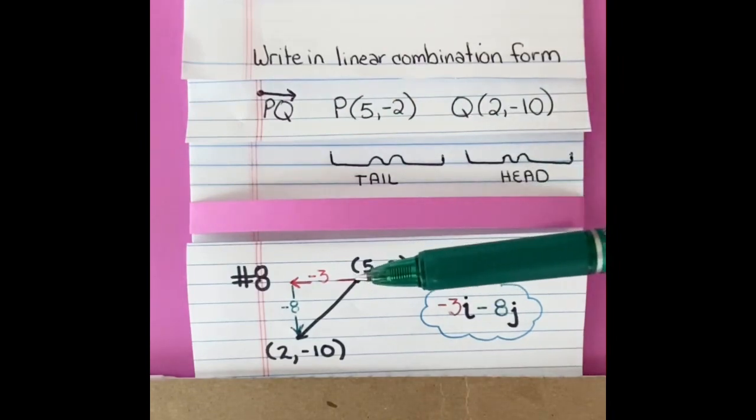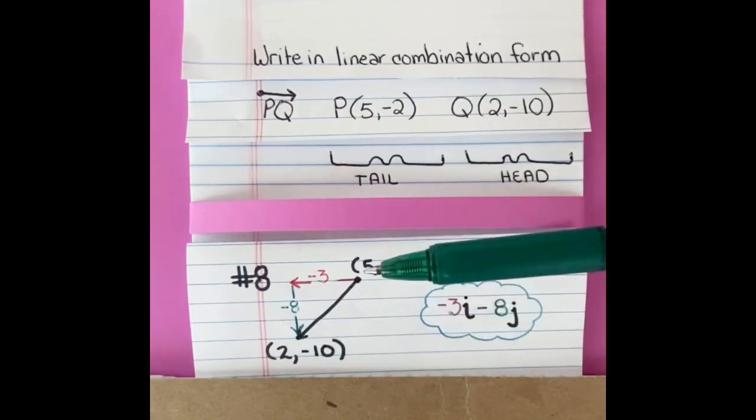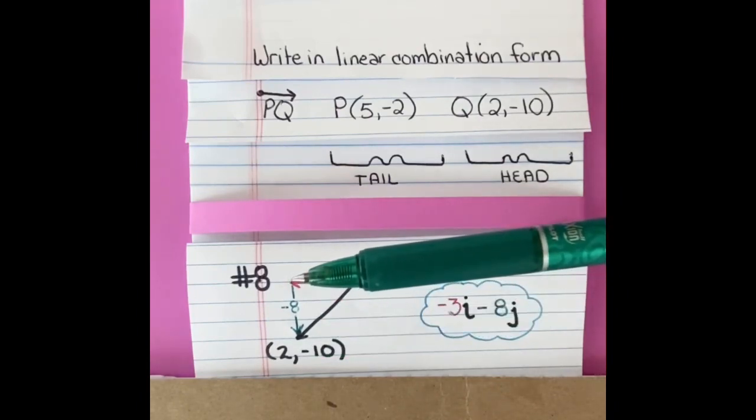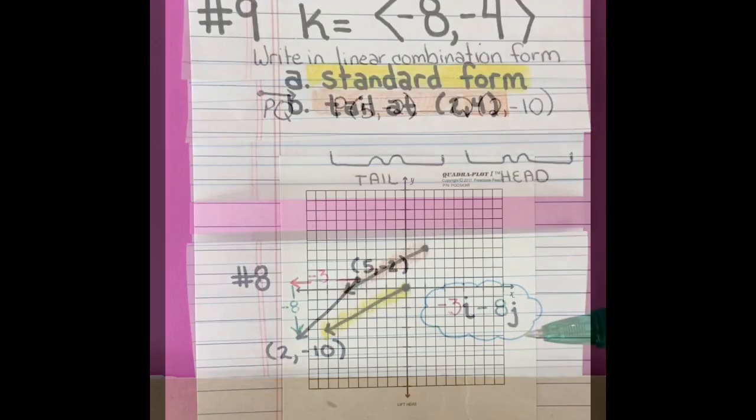To move from the tail to the head, we would need to go back 3, down 8. The number in front of i represents how much right or left, and the number in front of j is the amount up or down. So vector PQ in linear combination form is -3i minus 8j.